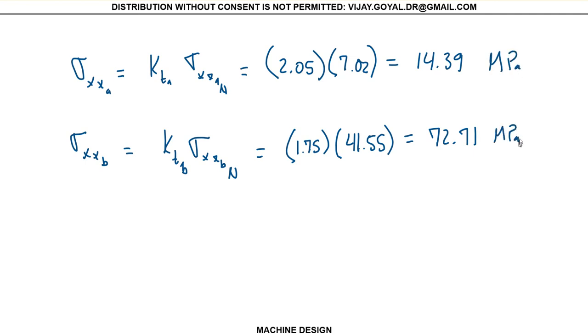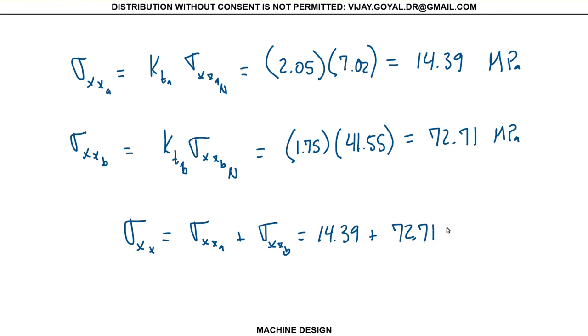And then what goes inside your state of stress is sigma xx, which is sigma xx axial plus sigma xx bending. I'm going to add these values, 14.39 plus 72.71, and that gives you a value of 87.10 megapascals.